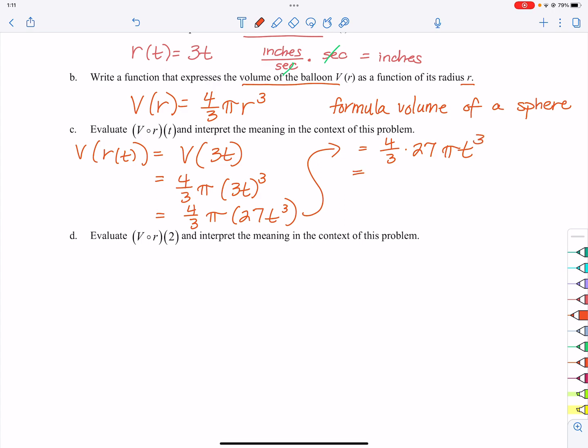And we can reduce this with a 9, and we can end up with 36 pi t cubed.